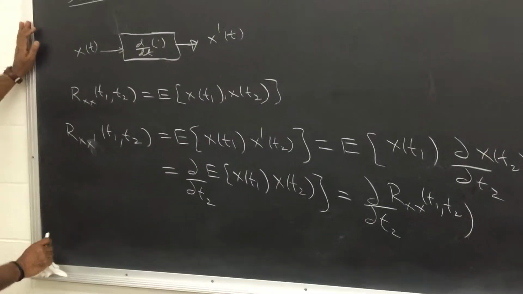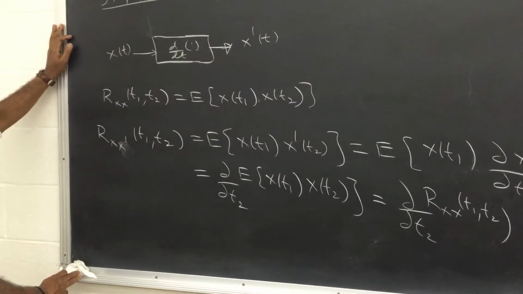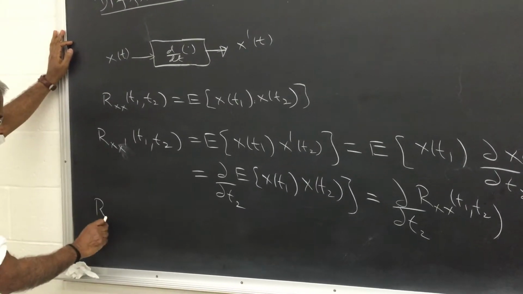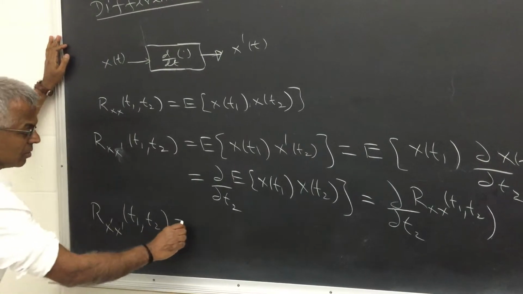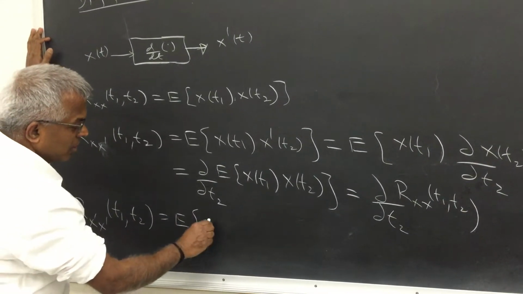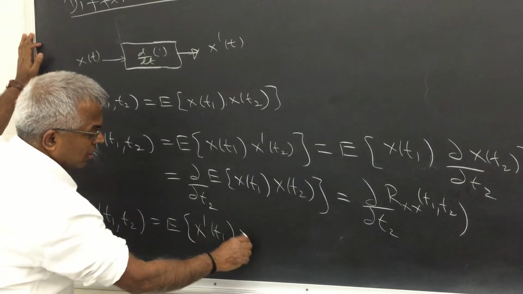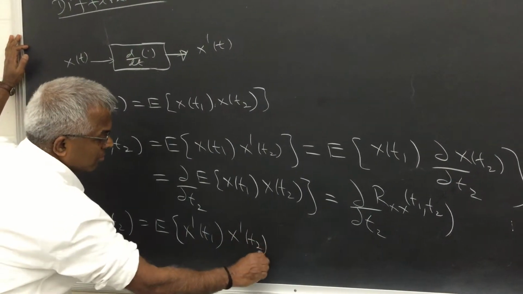Now similarly, if you want to look at the output autocorrelation function, that's the expected value of x'(t1) x'(t2).